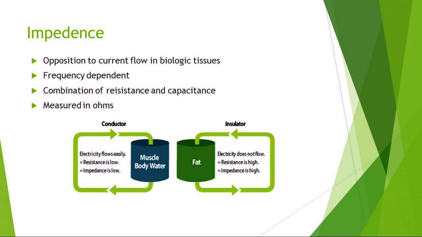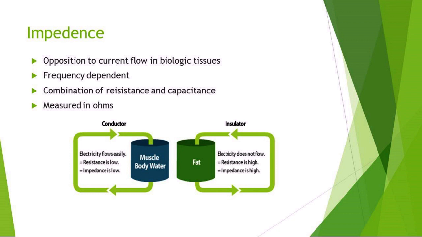You've probably seen body fat testers where you hold on to two electrodes on either side, and it measures basically the resistance of the current through your body, and that's how it determines how much fat you have in your body. Because muscle and body water are conductors, and fat is an insulator.